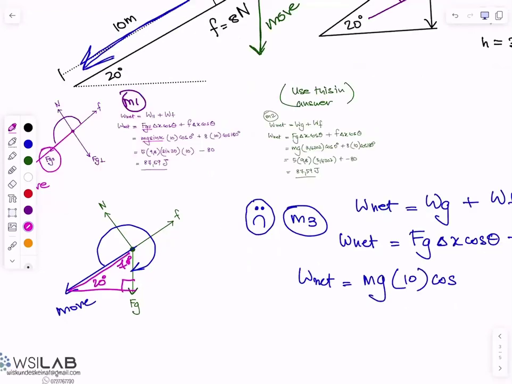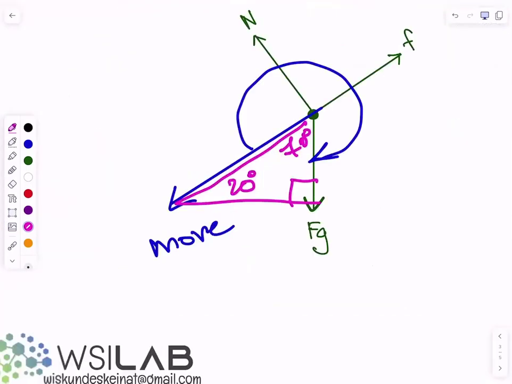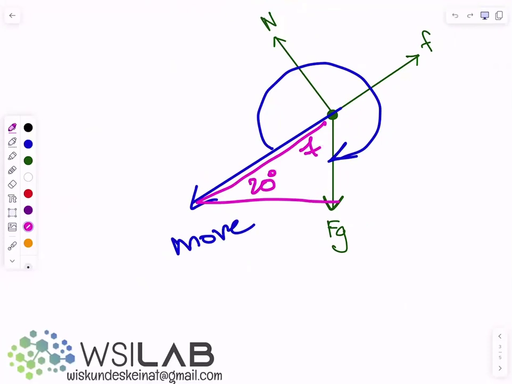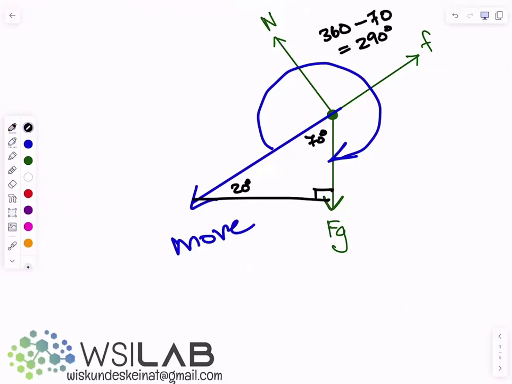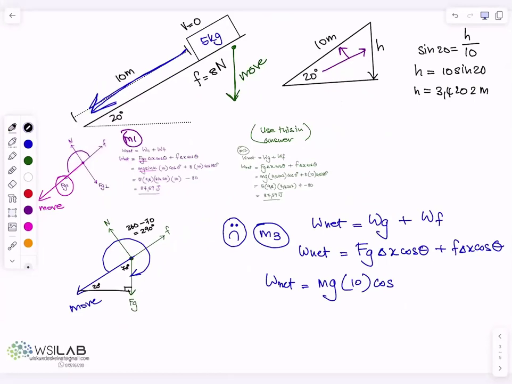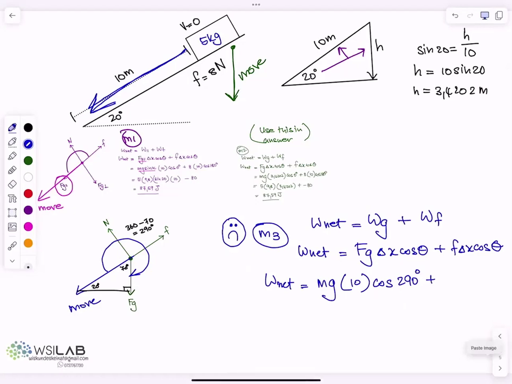Do you agree? This is 90 degrees. This angle was 20 degrees and this is 70 now. So that blue angle is 360 minus 70, which gives me 290 degrees. It's actually minus 290, but I'm just going to put 290 degrees there. Plus the frictional force, which is 8, distance 10, cos 180.